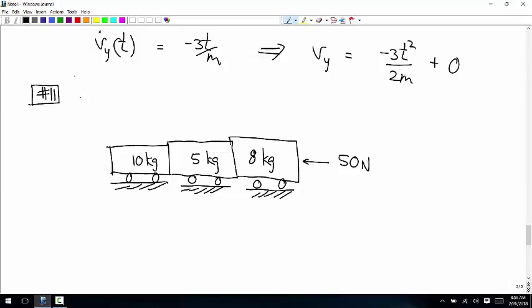So at the beginning, are you guys ready? On these problems, whether it asks you for the acceleration of the carts or not, that's the first step. You have to calculate the acceleration.